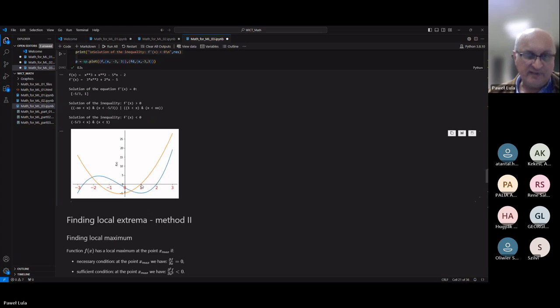But at this point, 1, the first derivative also changes its sign, but from negative to positive.